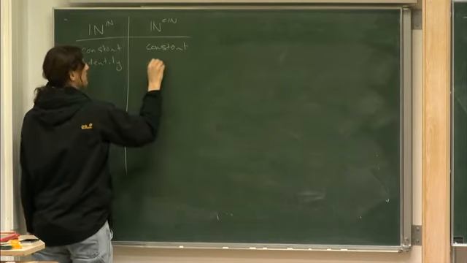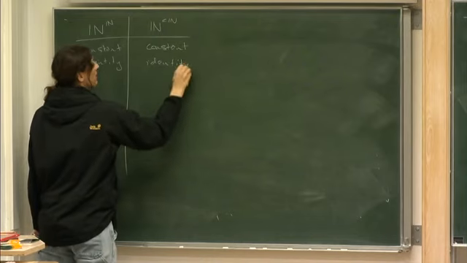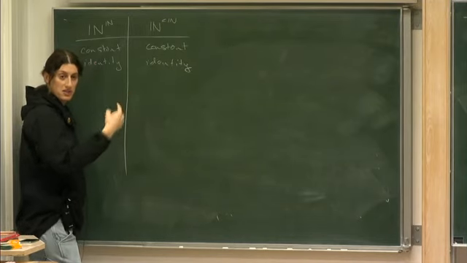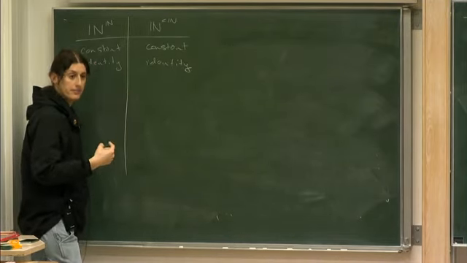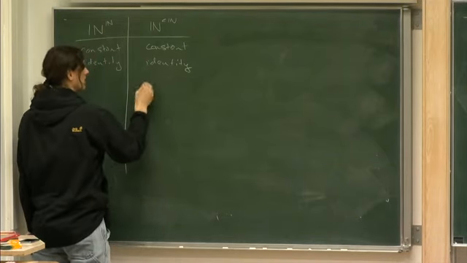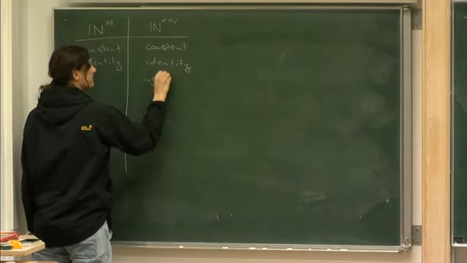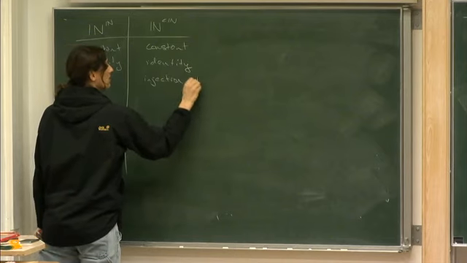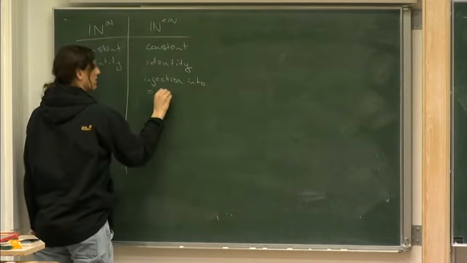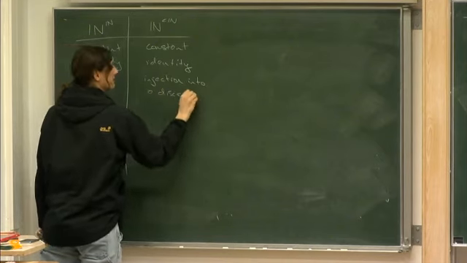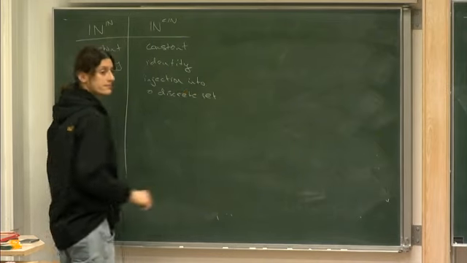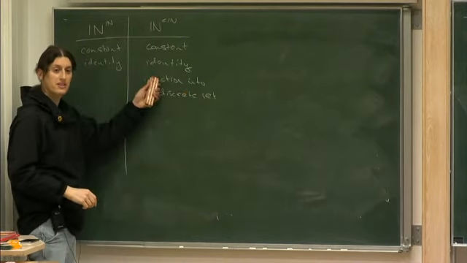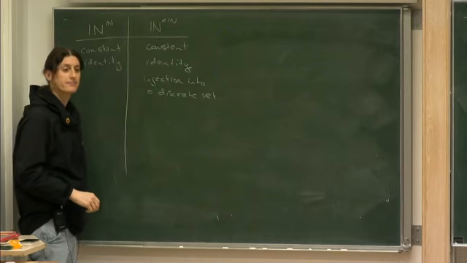It could be the identity function, where this is inheriting the topology from omega less than or equal to omega. Or it could be an injection into a discrete set. So any pair of these gives you one of the basis elements.